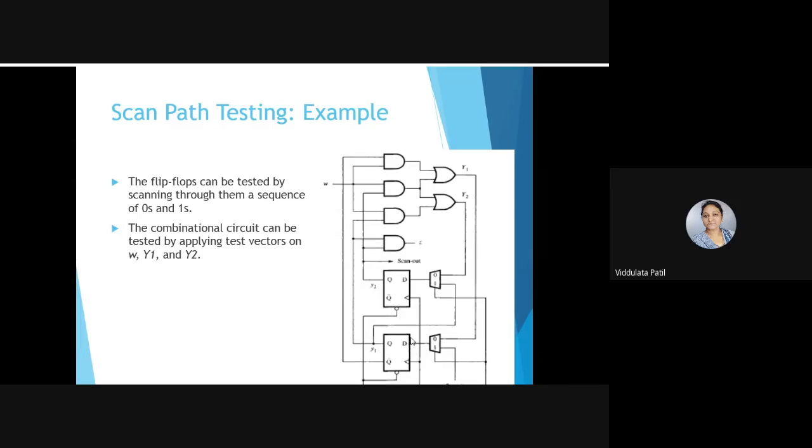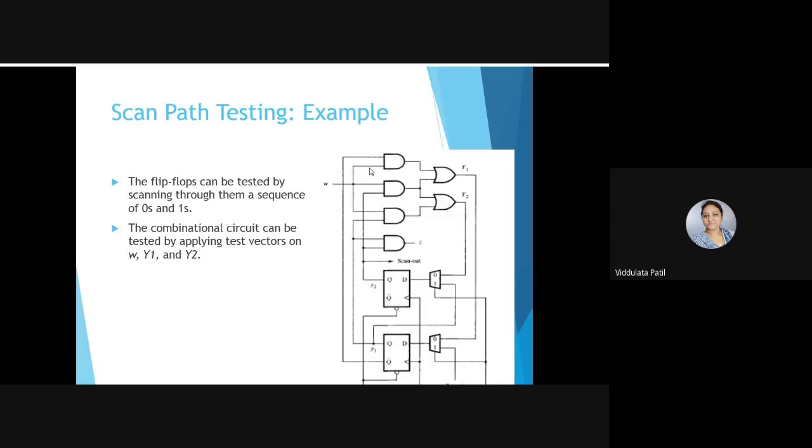Here, this flip flop's output is connected to the AND gates, which I will number 1, 2, 3 and 4. The fourth AND gate output is the Z output, and its inputs are Y1 and Y2. For the third AND gate, one input is W and another input is Y1.